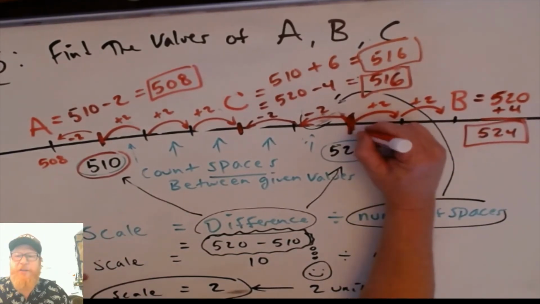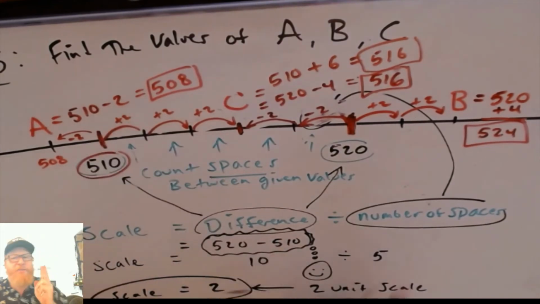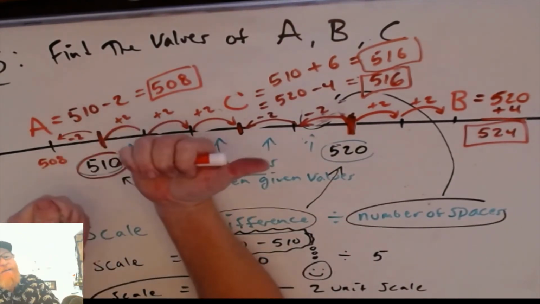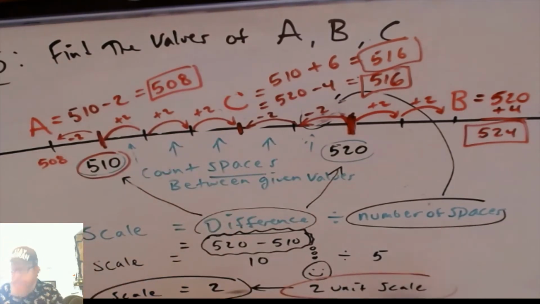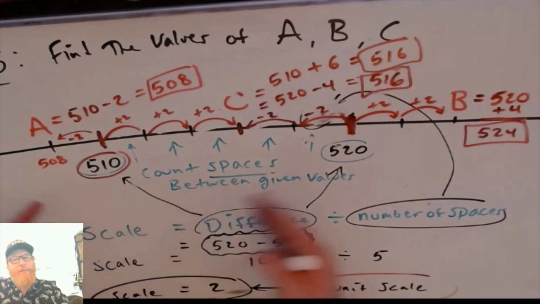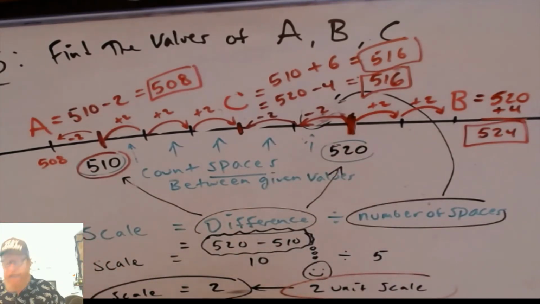So find your given value, use that as a reference point, and if you're moving to the right, you're going to add whatever the unit scale is. In this case, it's 2 units. It's a 2-unit scale. A 2-unit scale is really known as a fifth, since you're dividing by 5, but that's neither here nor there. Each space represents 2.